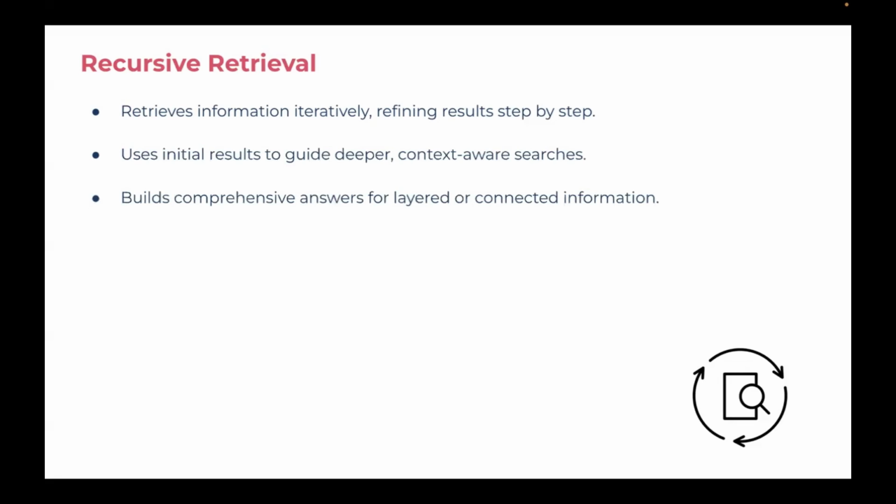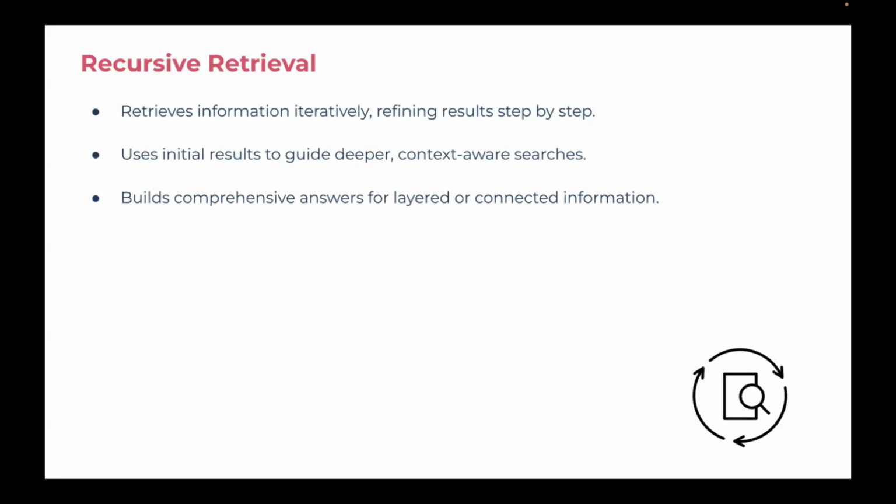So the key difference from sub-question retrieval and the recursive model is in how the query is handled. While sub-question retrieval breaks a complex query into multiple small questions and retrieves separately for each of these sub-questions, recursive retrieval, by contrast, keeps the query intact but refines the retrieval in multiple steps.